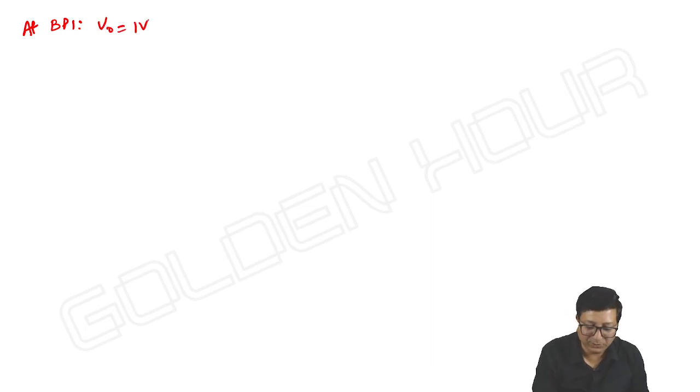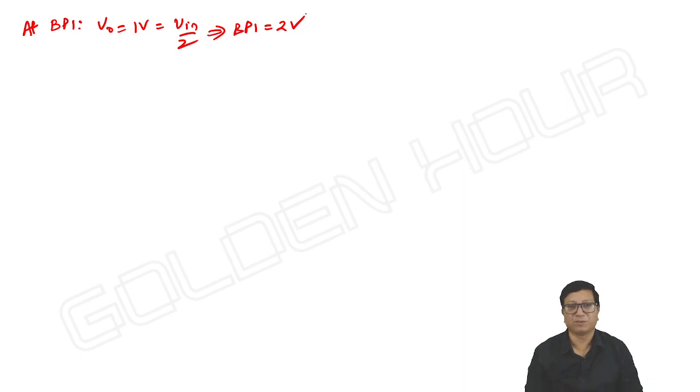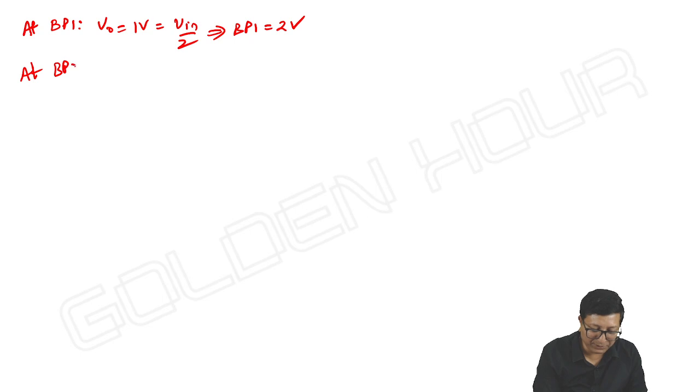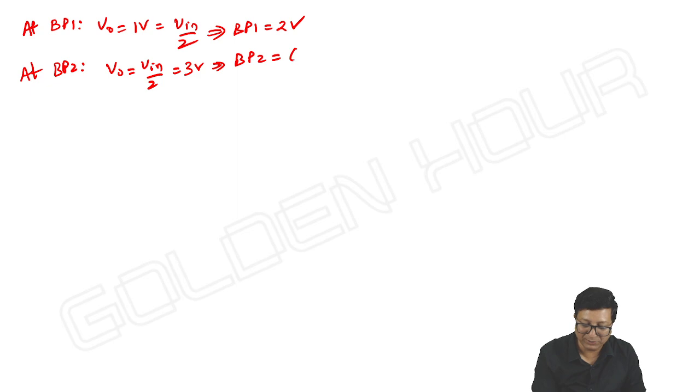Output is equal to 1 volt, also equal to input by 2. Implies breakpoint 1 value is equal to 2 volts. Right. And at breakpoint 2, output is equal to input by 2, which is also equal to 3 volts, implies breakpoint 2 value is 6 volts.